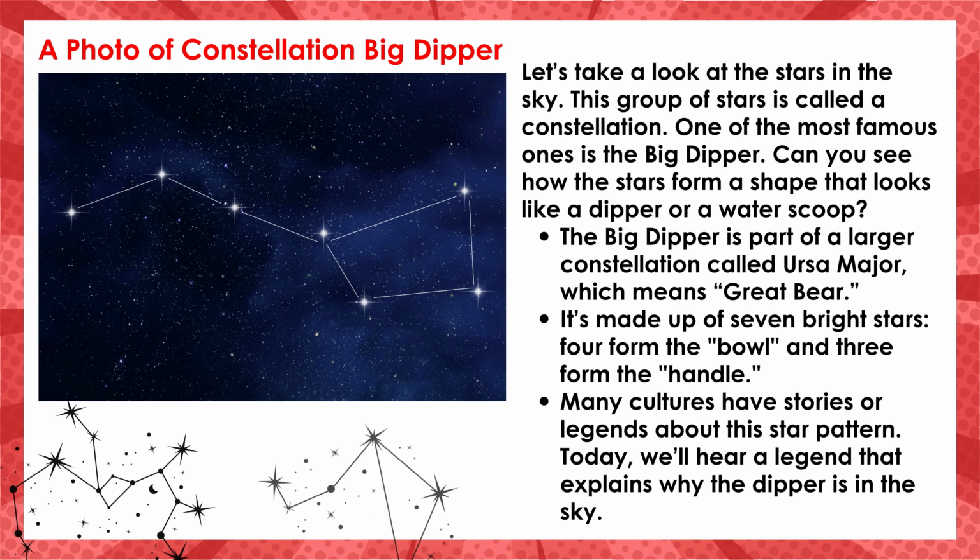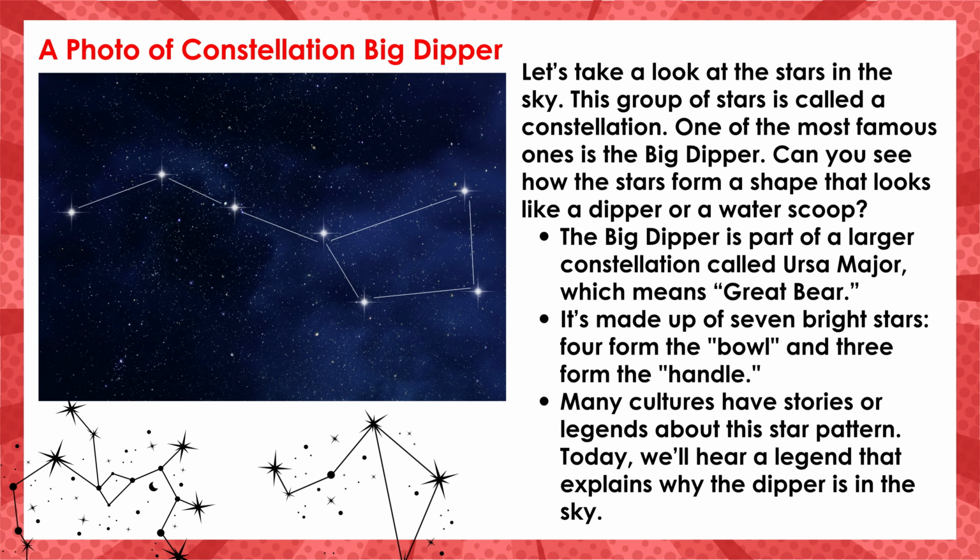Before we read our story today, let's take a quick look at the stars in the sky. This group of stars is called a constellation. One of the most famous constellations is the Big Dipper. Can you see how the stars form a shape that looks like a dipper or a water scoop?